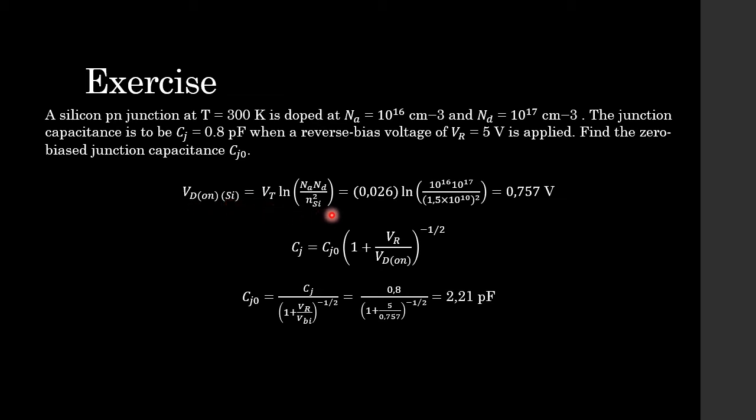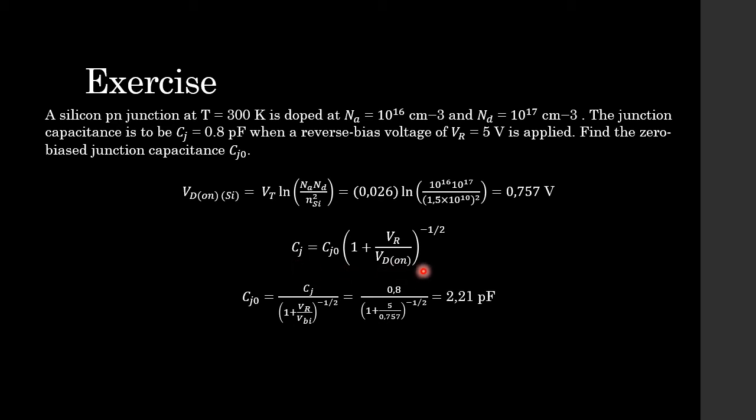So, looking at this, we can first calculate the diode on voltage for silicon using this equation that we had gotten previously in the lecture. Vt, the thermal voltage, you know it's 0.026 volts, and the on voltage for silicon, as expected, is 0.757 volts. Now that we have that, we look at our junction capacitance equation.